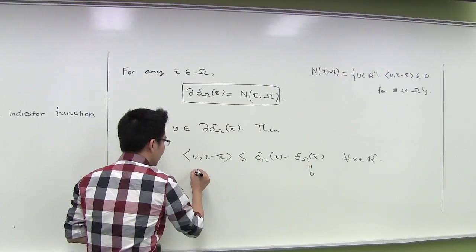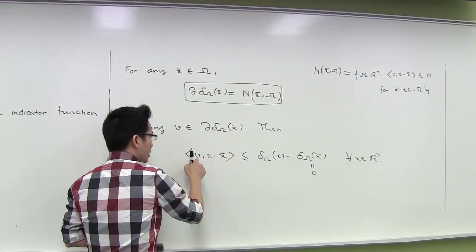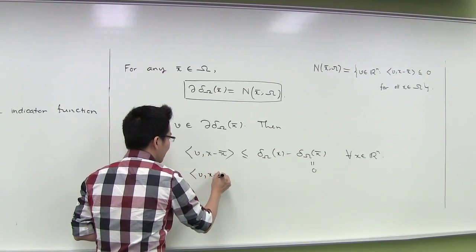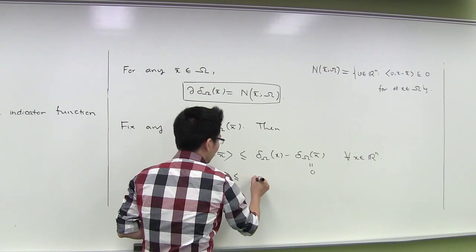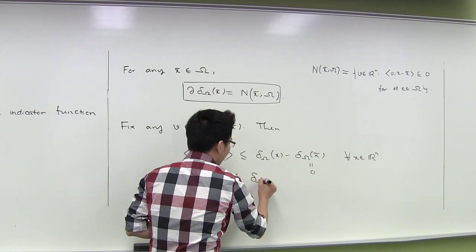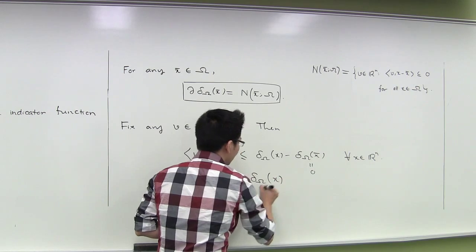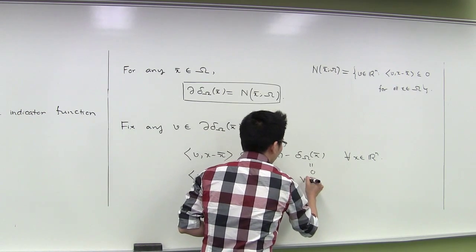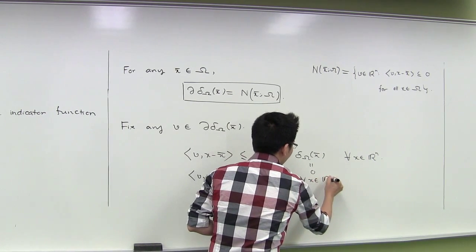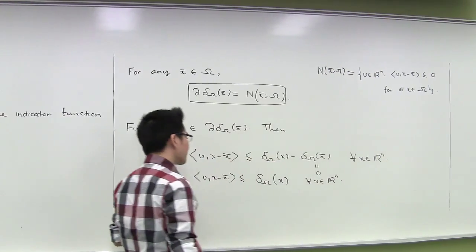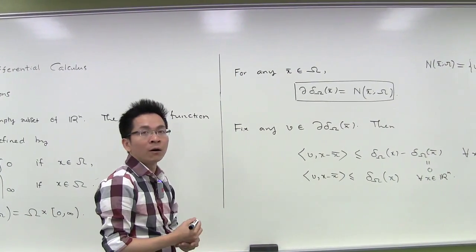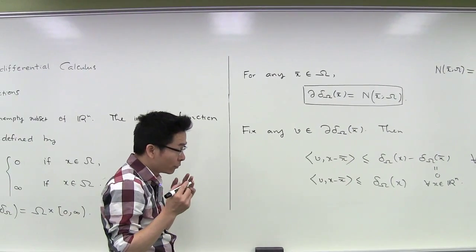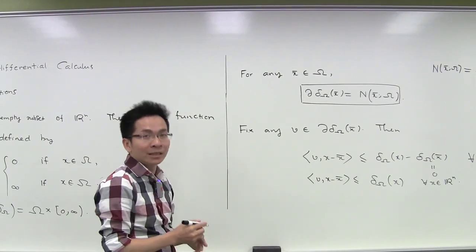So we have the following. The inner product of v and x minus x bar is less than or equal to the value of the indicator function at x, and this is true for all x in Rn. Because this is true for all x in Rn, it is true for all x in omega.